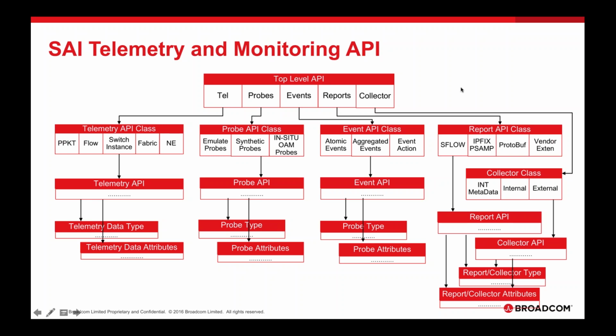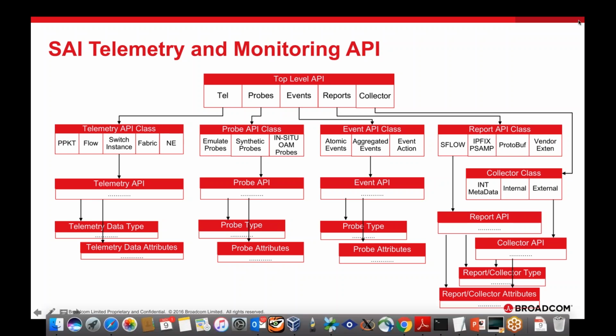Hi, may I ask one question, please? Yes, please. I'm J.K. Lee from Barefoot. When we presented the detailed watch list to define a set of packets or flows to monitor, one of the major comments we received from the community was, why do we repeat the same ACL-like API?